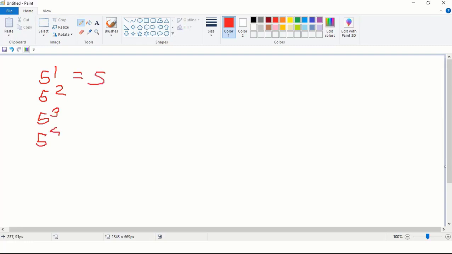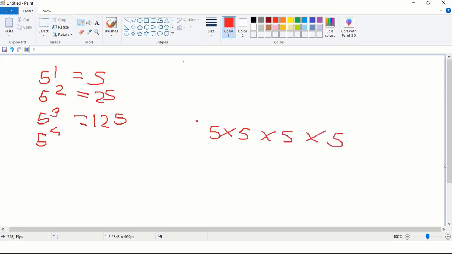Answer is 5, answer is 25 and here the answer is 25 into 5, 125, and 5 to the power 4, how much? 5 into 5 into 5 into 5.